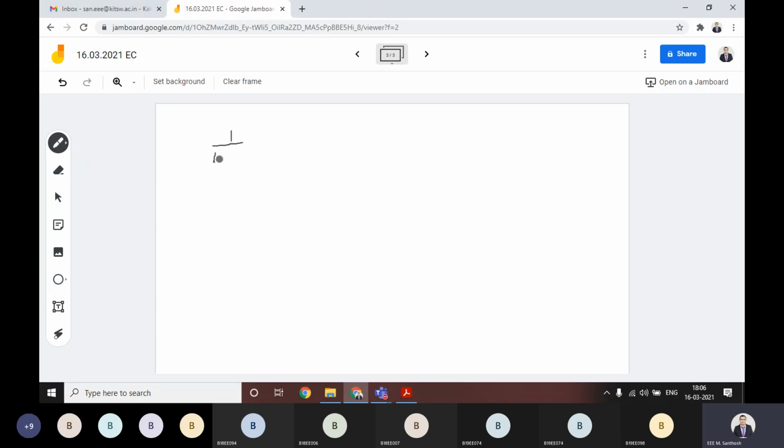For that reason, this is 1 by omega C equivalent. This side is equivalent, for that reason I am writing this as C equivalent. And this side 1 by omega C1 and 1 by omega C2. Okay, 1 by omega C1, 1 by omega C2.